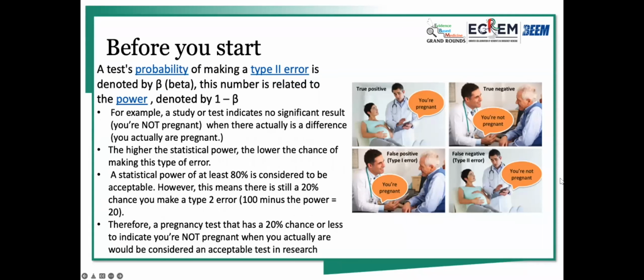Now, a type 2 error is when I do not find a significant result. However, there is a significant result. So that would be the individual here where I run a pregnancy test and my result is that she's not pregnant when the person is obviously pregnant.